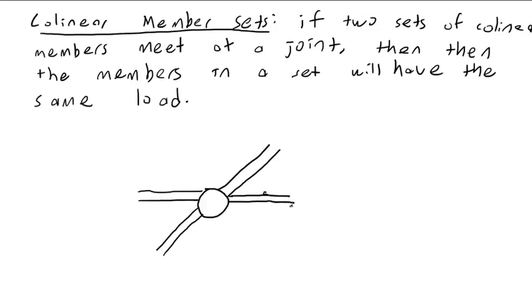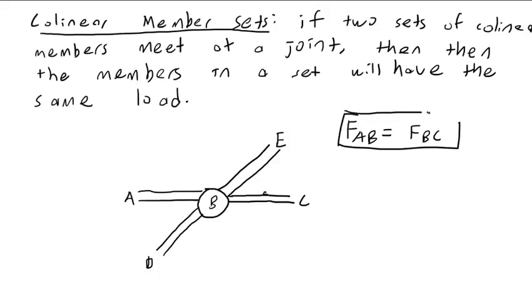I'm terrible at drawing. So let's say this is A, B, C, D, E. FAB equals FBC. It's going to be one set. And FBD will be equal to FBE. And that will be another set.